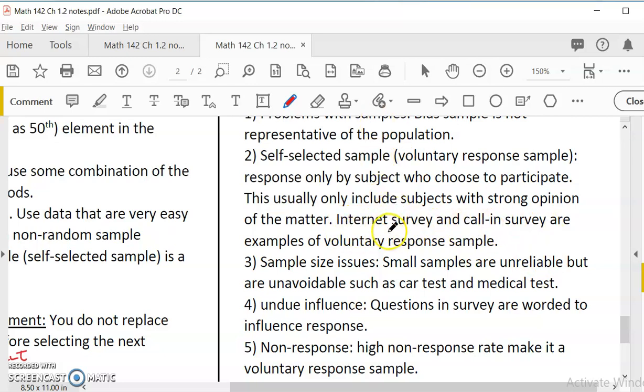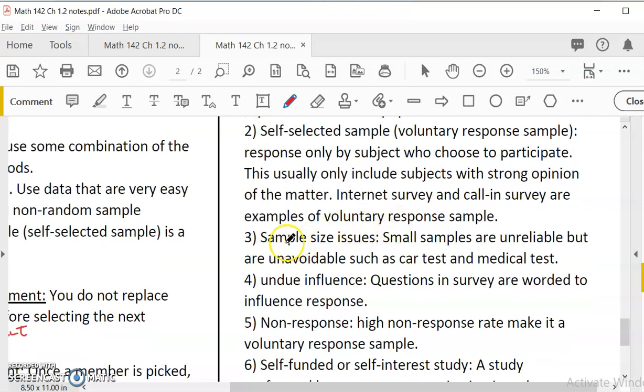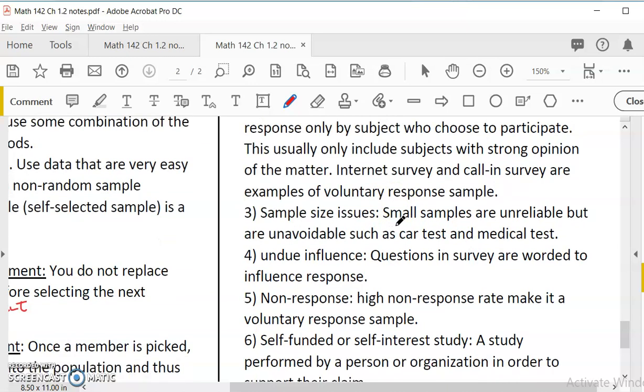Try to avoid this. Sometimes issues occur, such as sample size issues. If you use a random process, you pick a random sample, but if you don't pick a large enough one, small samples are more unreliable because the sampling error is very big.